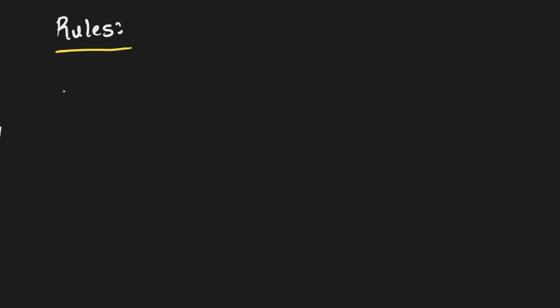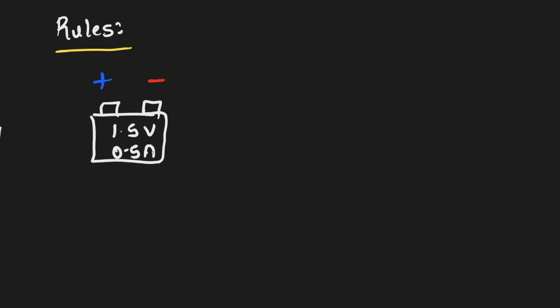First, I'm going to use a battery to explain it. So let's say you have a 1.5 volt battery. It has a positive and a negative. This is 1.5 volts, and the current of the battery is 0.5 ampere.